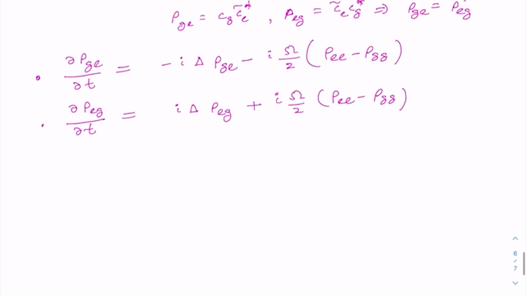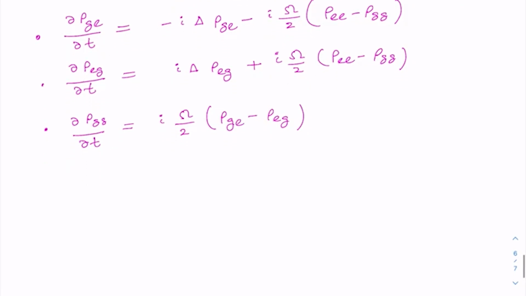All right, and similarly you will get equations for delta rho zz delta t. That would be equal to i omega by 2 times rho ze minus rho ez. Please kindly verify these equations. And you will get delta rho ee delta t, which would be equal to minus i omega by 2 times rho ze minus rho ez.